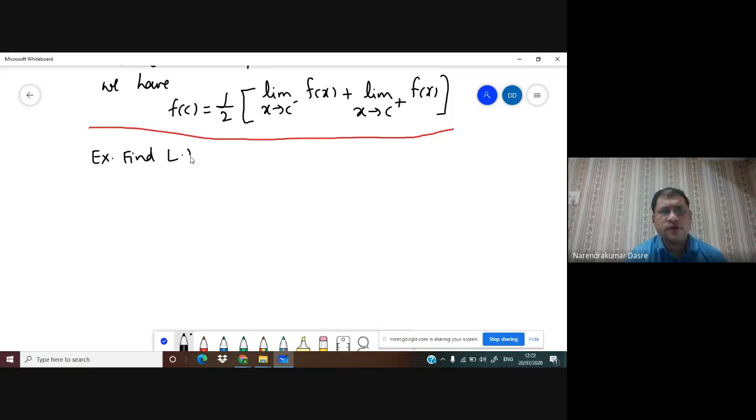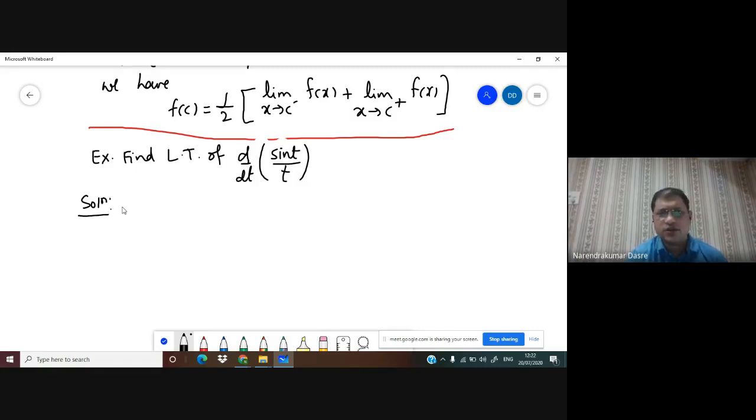Find the Laplace transform of d by dt of sin t upon t.